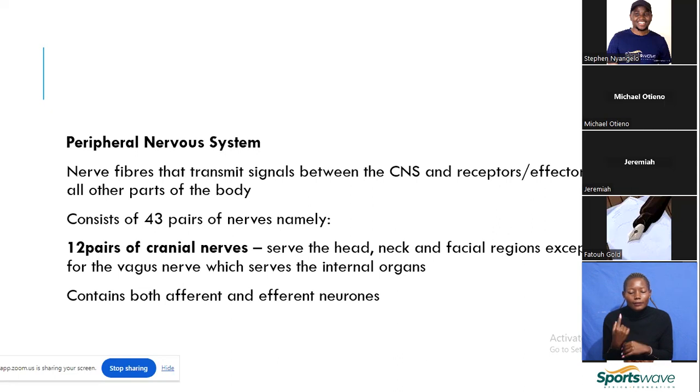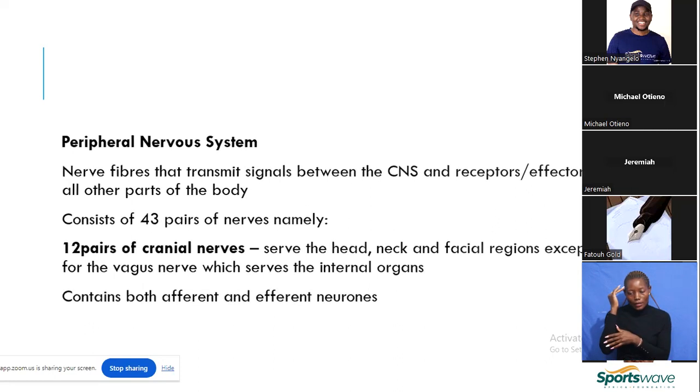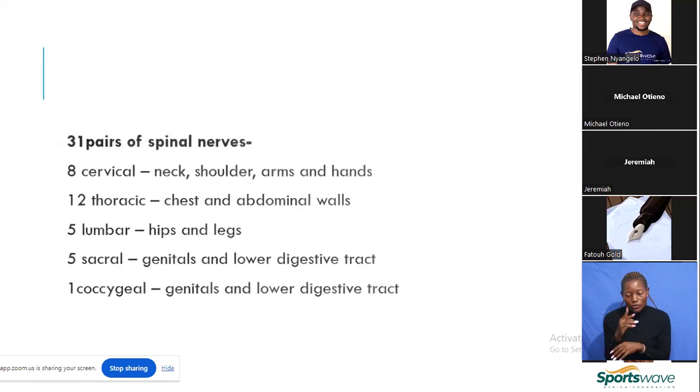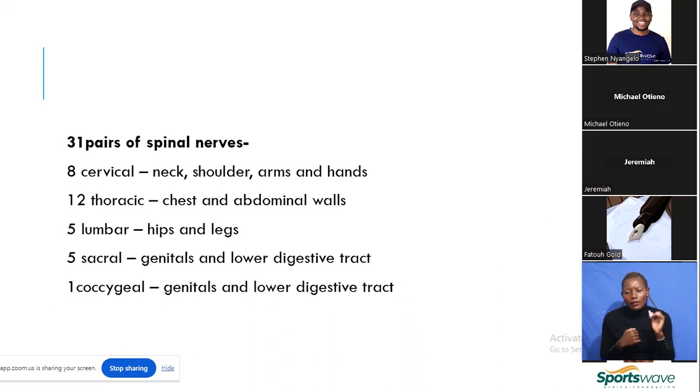There are 43 pairs of nerves: 12 pairs of cranial nerves, which serve the head, neck, and facial regions, and then 31 pairs of spinal nerves, 8 in the cervical region, 12 in the thoracic, and so on. This mainly depicts the way the vertebral bones are divided in the spinal cord.